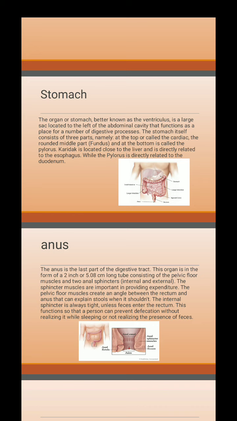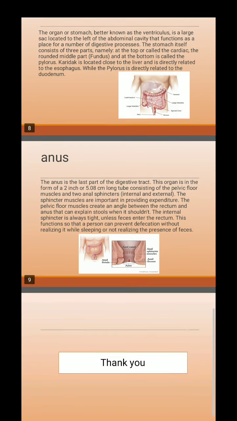The stomach itself consists of three parts, namely at the top called the cardiac, the rounded middle part or fundus, and at the bottom called the pylorus. Cardiac is located close to the liver and is directly related to the esophagus, while the pylorus is directly related to the duodenum.